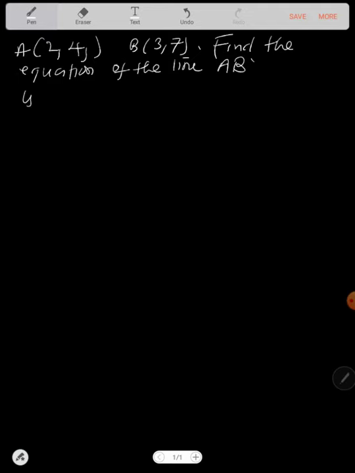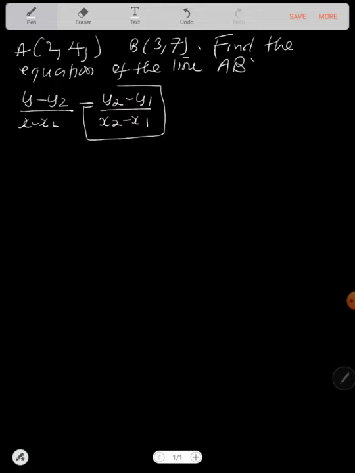So we use this formula. If you look at this part here, you will see that it's just the formula for finding gradient.